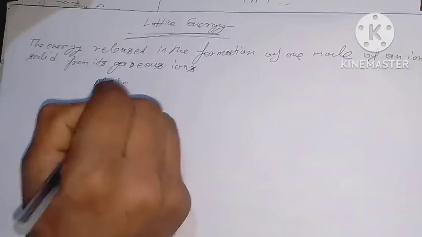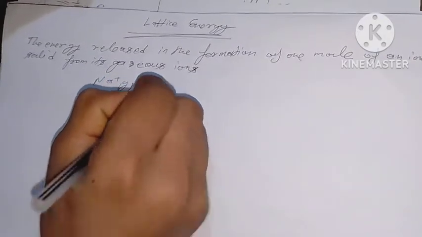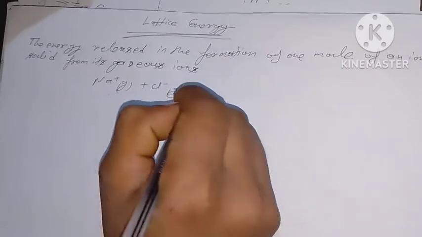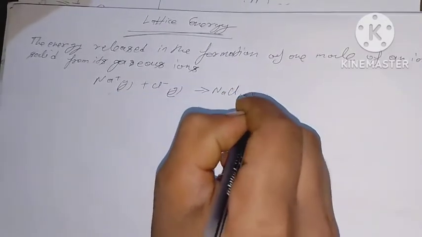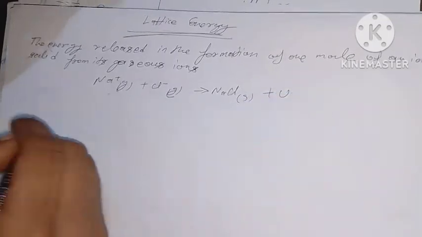Na positive plus Cl negative in gaseous state, that is sodium chloride solid plus energy U, okay?